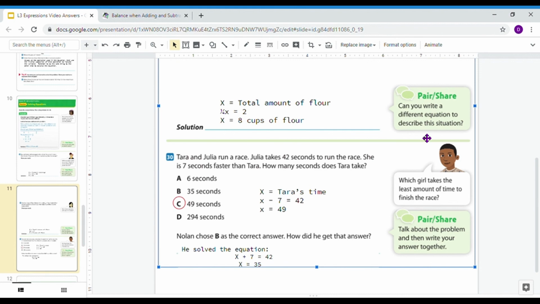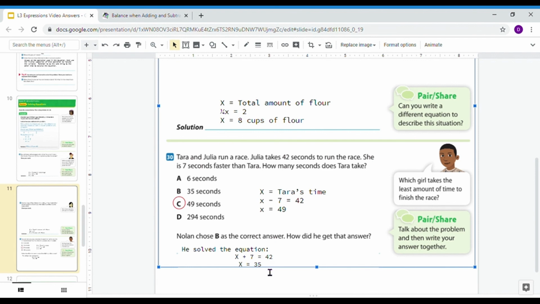She is 7 seconds faster. So not even thinking about the numbers, I know that Julia was faster than Tara. So if I got an answer that was smaller than the 42 that Julia ran, like Nolan did, then I should have gone back and figured out that Tara was slower than Julia, so she should not have had a smaller number.